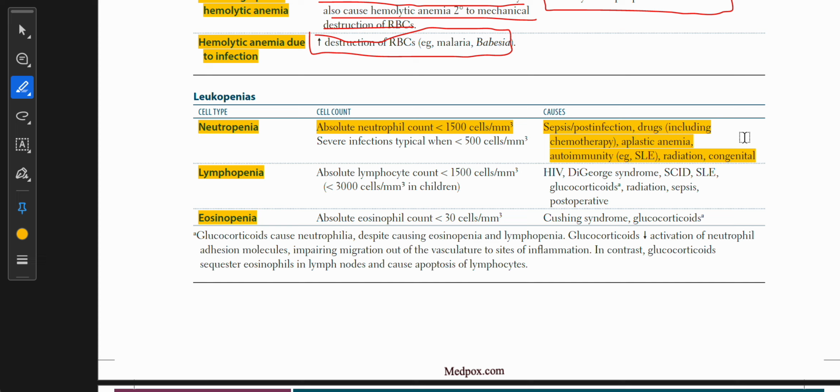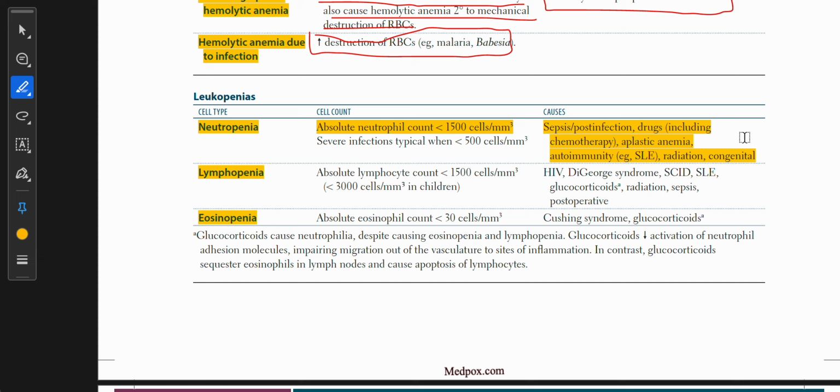Lymphocytes are another type of leukocytes. Lymphopenia occurs if the absolute lymphocyte count is less than 1500 cells per mm cube again.